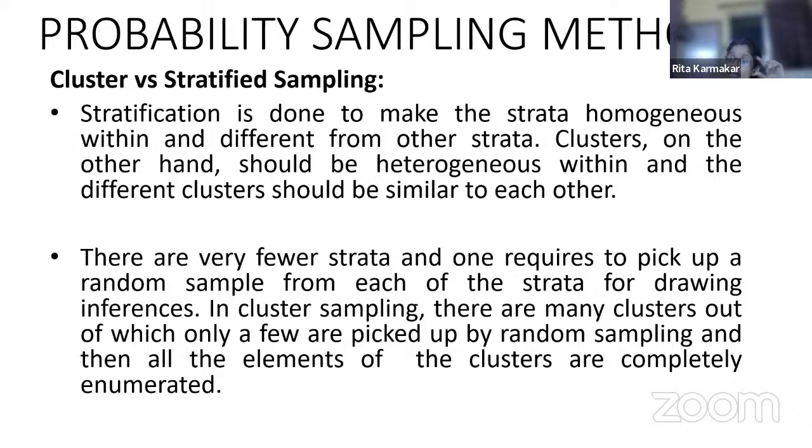Because in cluster A, suppose cluster A is West Bengal, you will find different castes. Cluster B is Orissa. But within the cluster even, there is a heterogeneous population, and you are considering all.